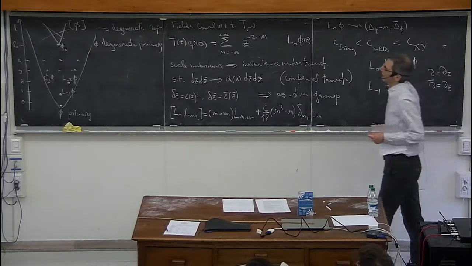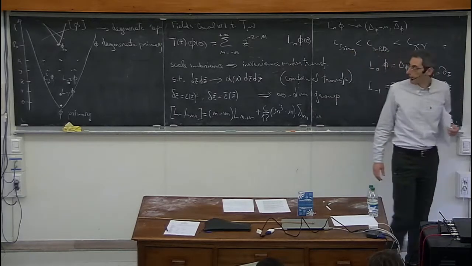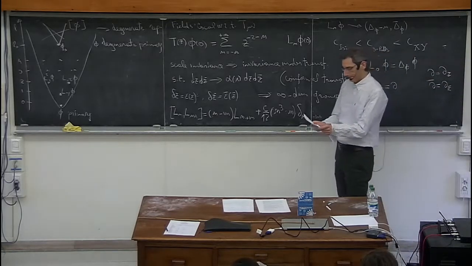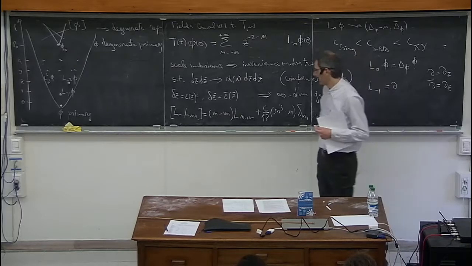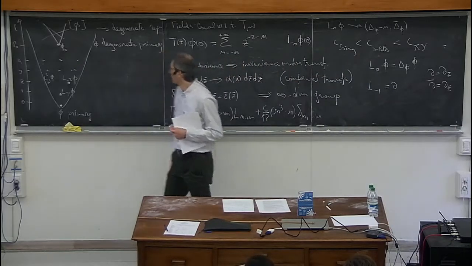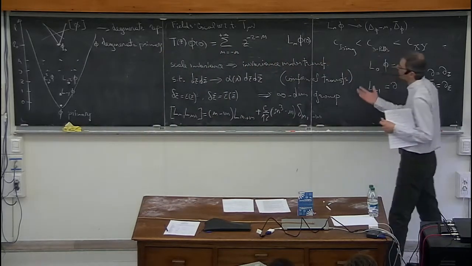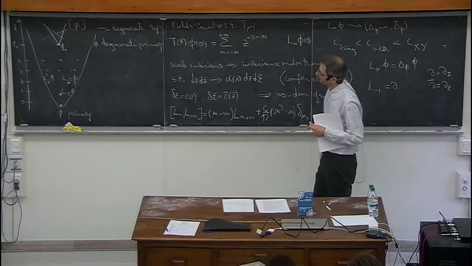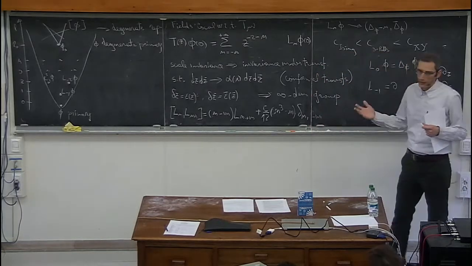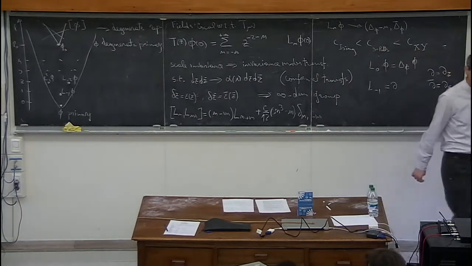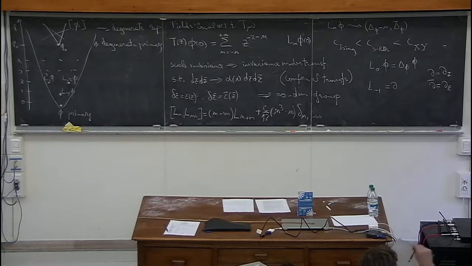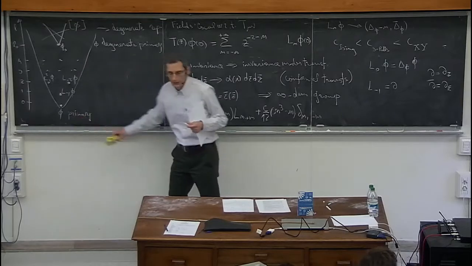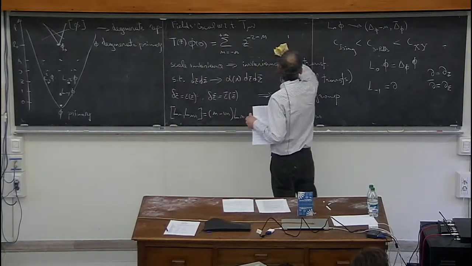Okay, so these are general features of two-dimensional conformal field theories. Now, what I want to do next is to look into the space of these theories, looking for the universality classes we introduced yesterday. So things like the Ising model, the Potts model, the O(N) model.